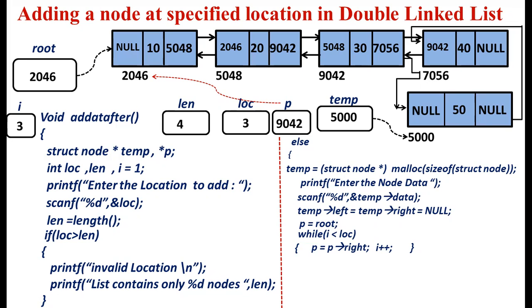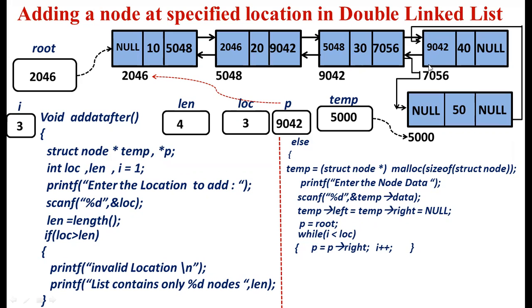I have to store the 7056 value in this particular location. To store that, we have to store the address of the fourth node, so that this particular link will be pointing to this particular location. So how?